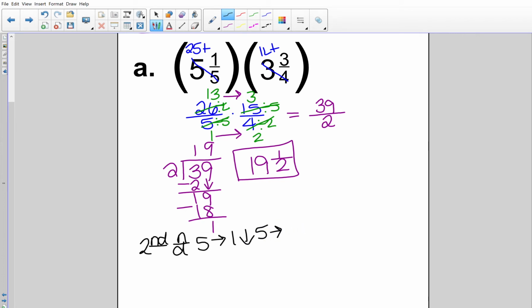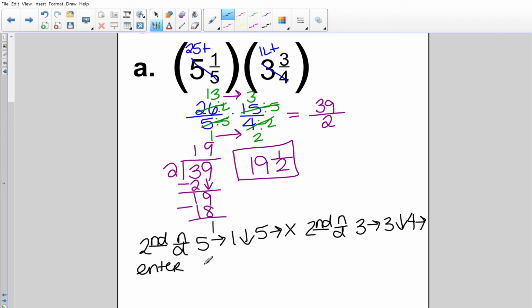Then I put in whatever symbol I'm using: addition, subtraction, multiplication, division. Here I'm multiplying, and then I do it again. Second, N over D, 3, move it to the right, 3, move it down, 4, move it to the right, and if I press enter, it gives me the improper fraction, 39 over 2.